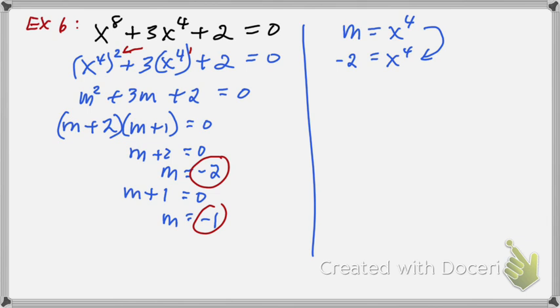Now what? I got to take the fourth root of both sides. So the fourth root of negative 2 equals the fourth root of x to the fourth. So I've got x equals this thing. What does that tell me?